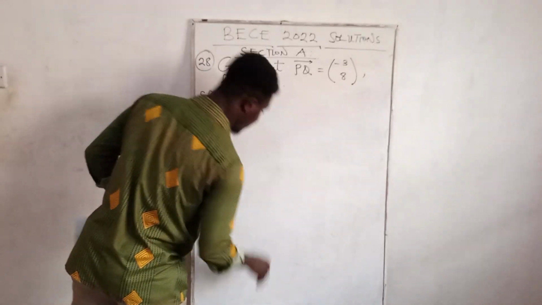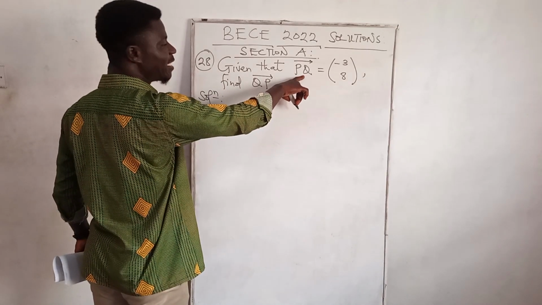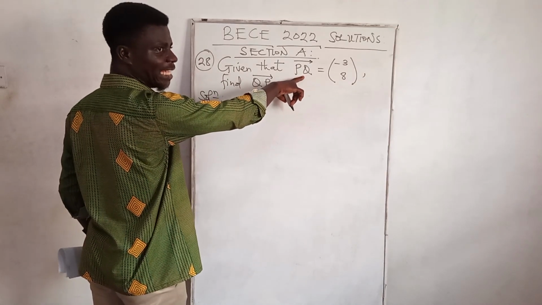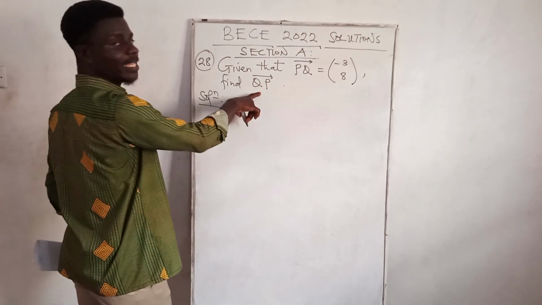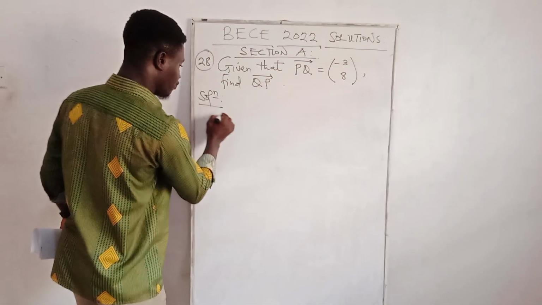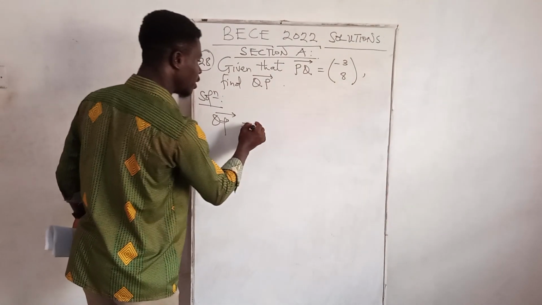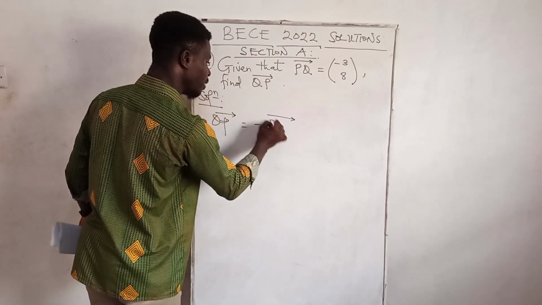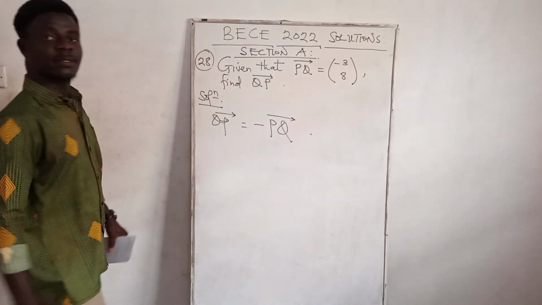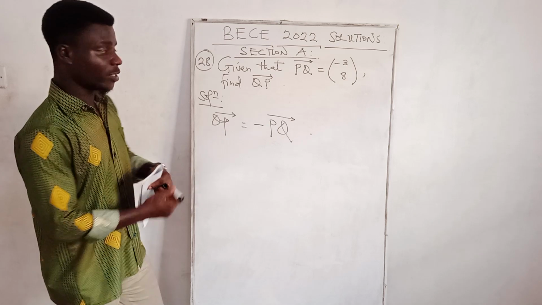So the inverse of a vector. We are to find the negative of this vector PQ, and the negative of vector PQ is vector QP. So vector QP is equal to negative vector PQ.